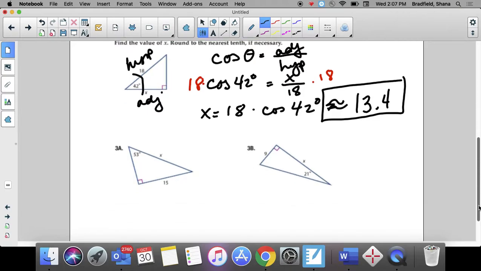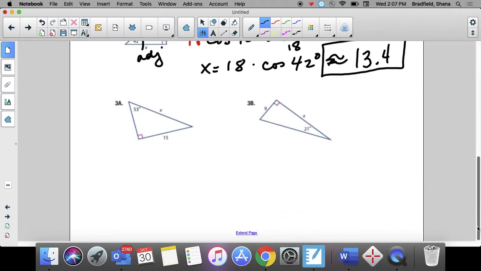Okay, then I'm going to go over here to 3a. And this time we have a 53-degree angle. We are given the hypotenuse, or at least a variable for that, and the opposite side. So we're going to do sine, uses opposite and hypotenuse.